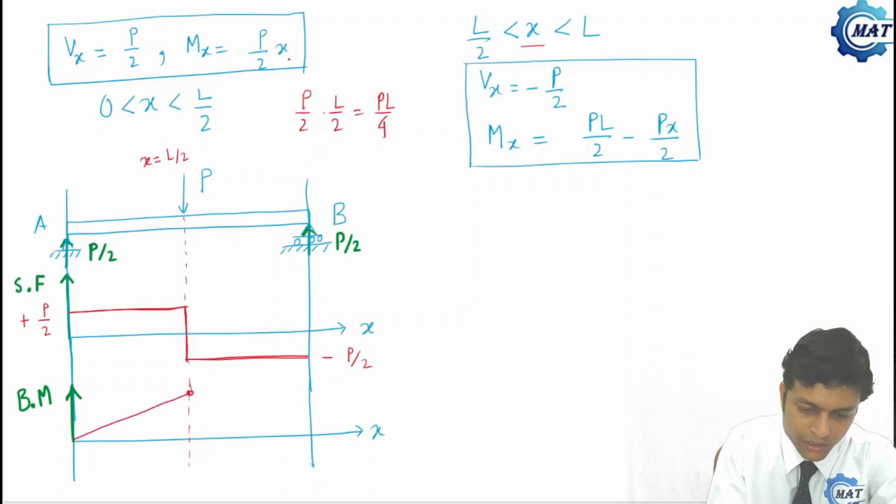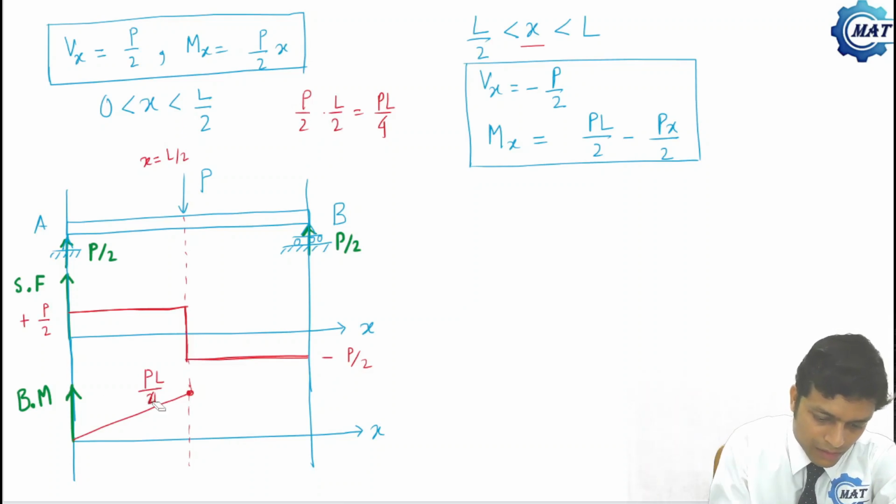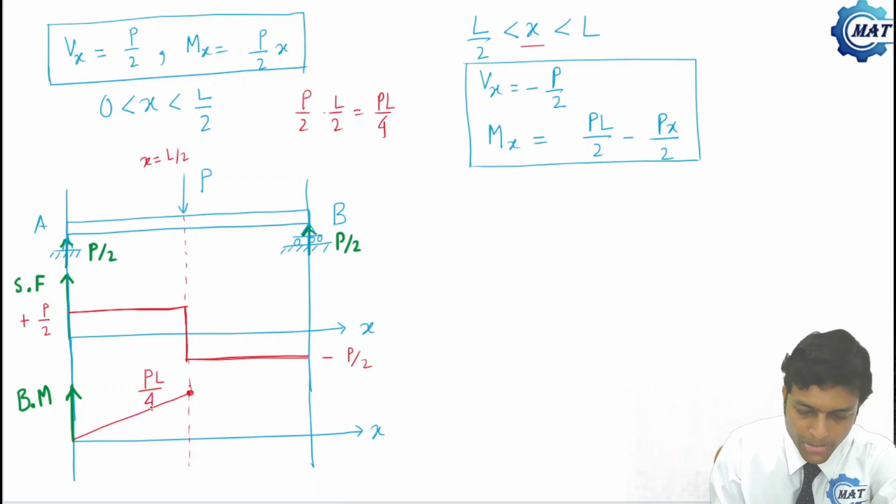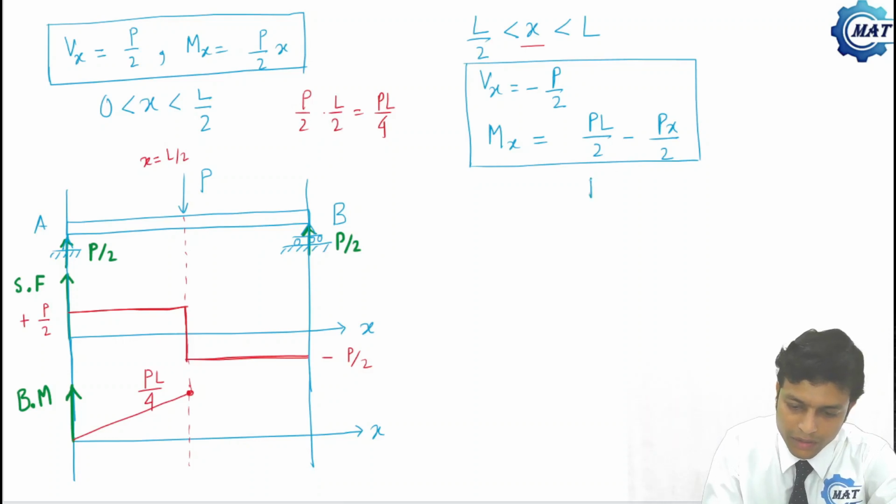So here the value is PL by 4. Next, at x equal to L by 2, what is the value?